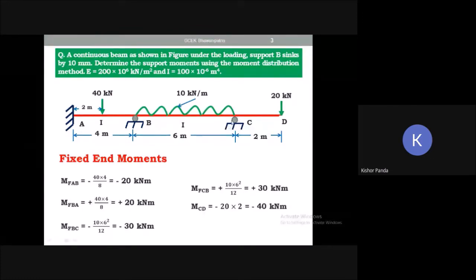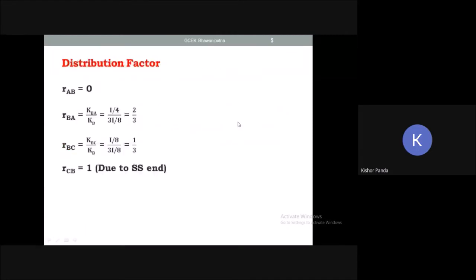If the end is simply supported, at that end the distribution factor is equal to 1, and at the fixed end, the distribution factor is equal to 0.